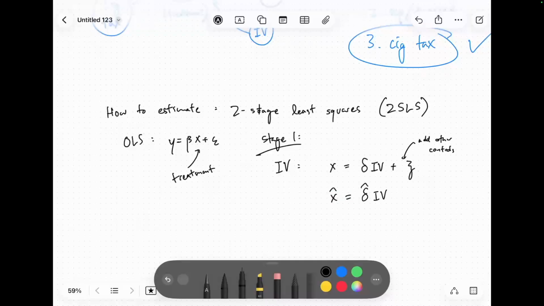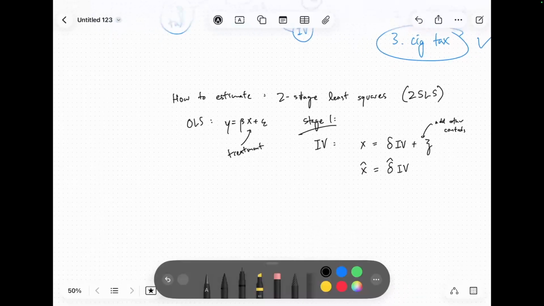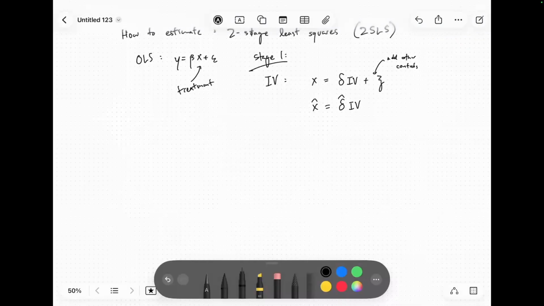So we have our predicted X. And here in stage 2, we would have Y equals beta X hat plus epsilon. So we are not estimating on the original X's, we are actually estimating based off of the predicted X's out of the first stage. Okay?